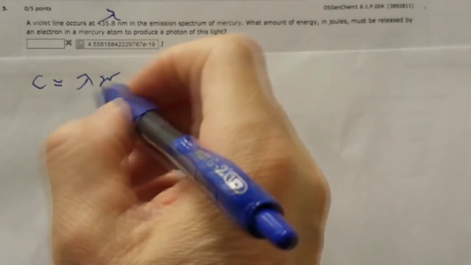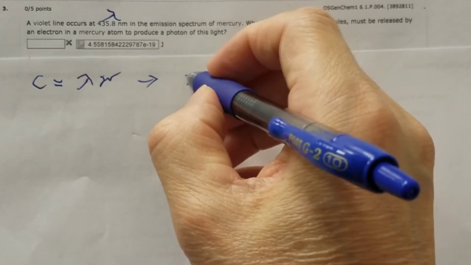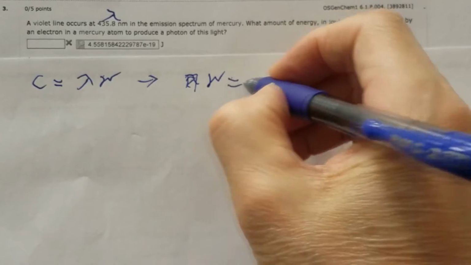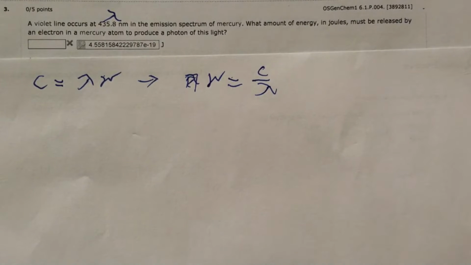Because we know lambda in this case, we need to find out frequency, which equals c over lambda. That's the wave nature of radiation or light.